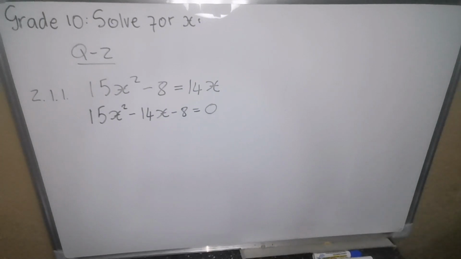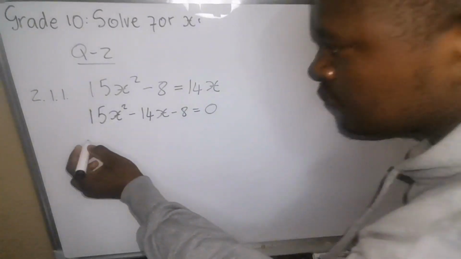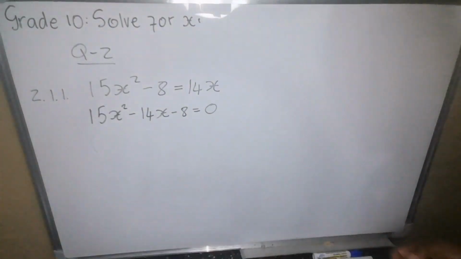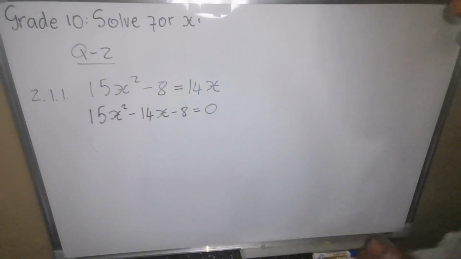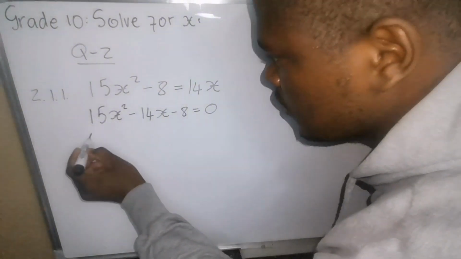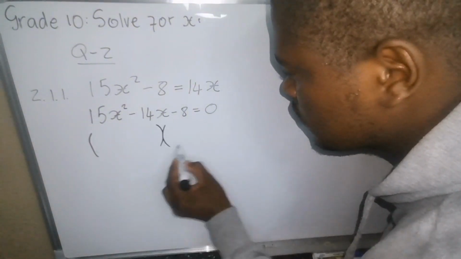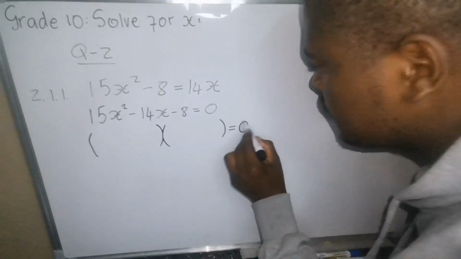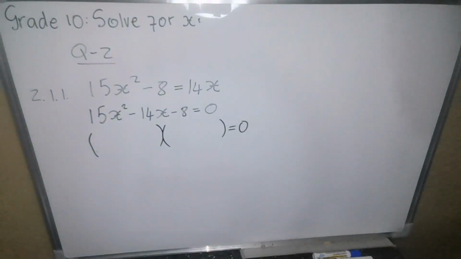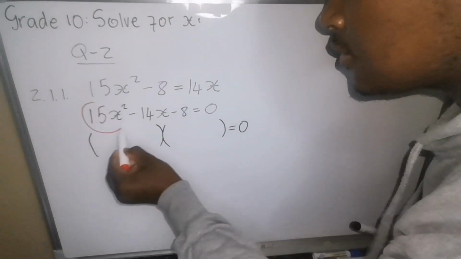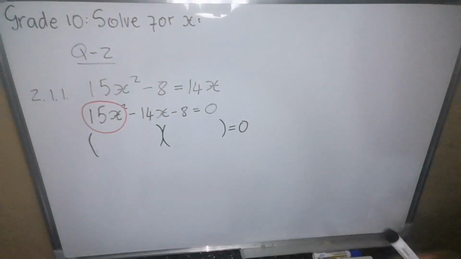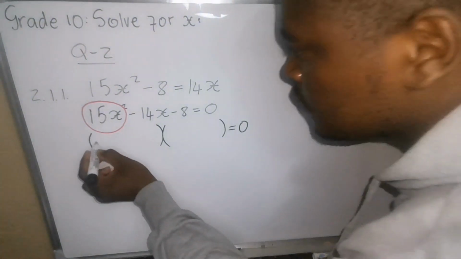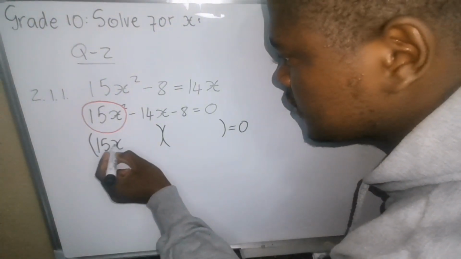Now, in this case, you're going to factorize. You must find factors of this quadratic trinomial. How are you going to find factors? First thing first, you open two brackets. Your two brackets must consist of 15x; you must leave out the squared, and write 15x in both brackets.